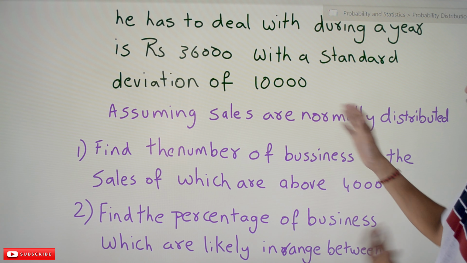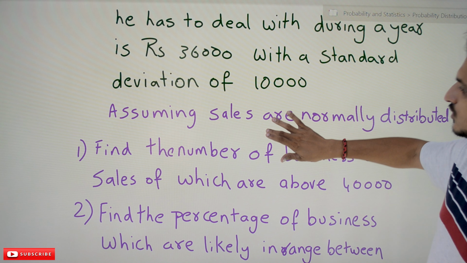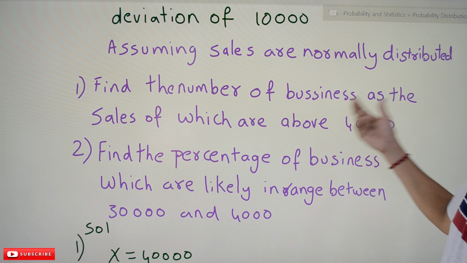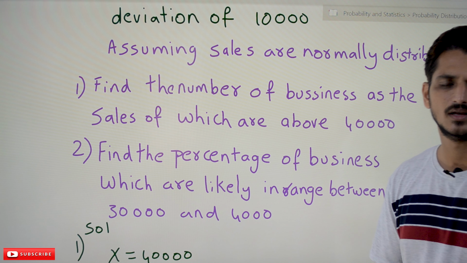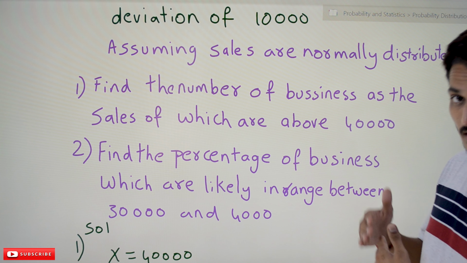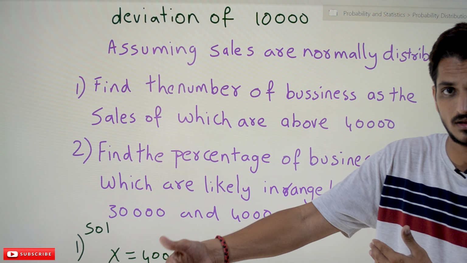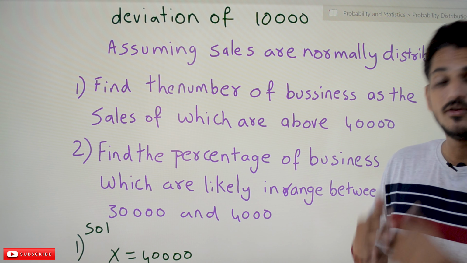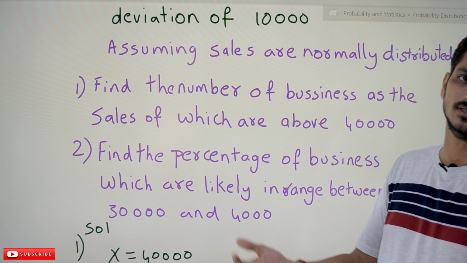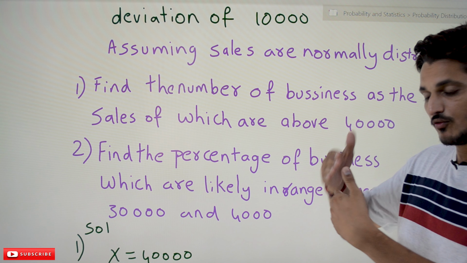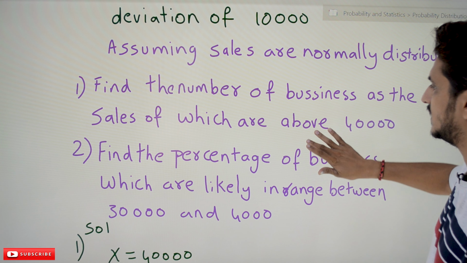Assuming sales are normally distributed, we have to find the number of businesses whose sales are above 40,000. If you identify the probability value, we can identify the number of businesses. So the probability value above 40,000 is what we have to identify.